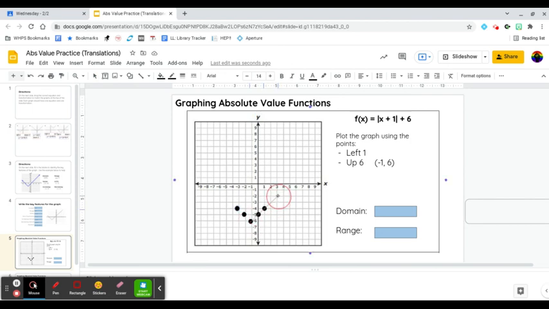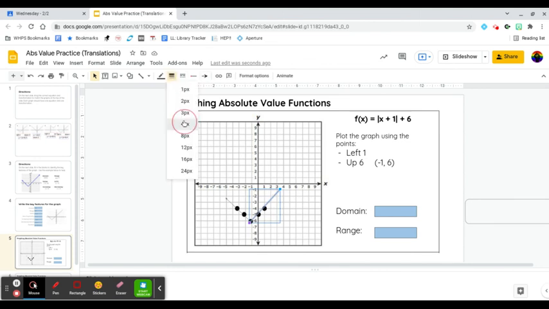If you want, you can draw your lines, put arrows on the end, and even make them thicker. Just different formatting things you can do.